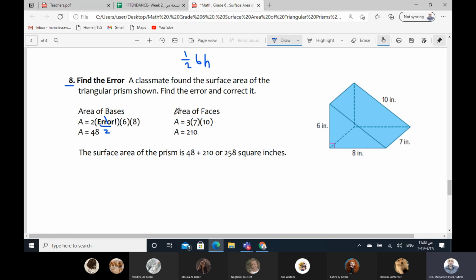Okay, here, area of faces. We have this face, here 7 and here 6. And down here, this face, 7 times 8. And here the top, 7 times 10. So these are different areas. So we cannot write 3 times 7 times 10 because the three faces are not equal. These are different areas, so here this is wrong.